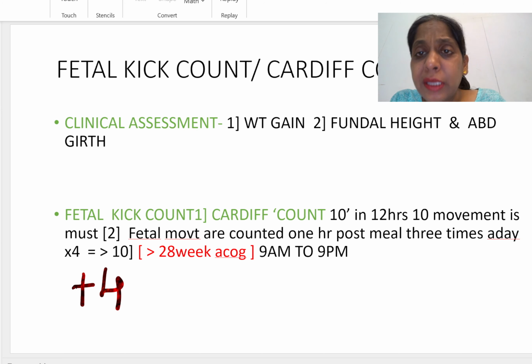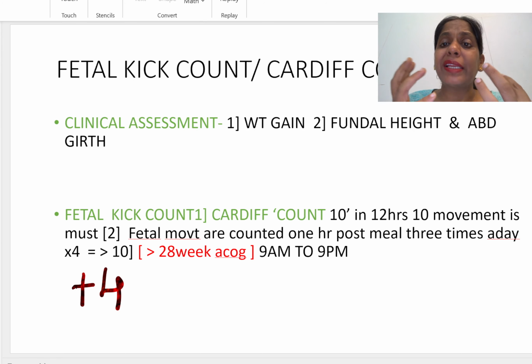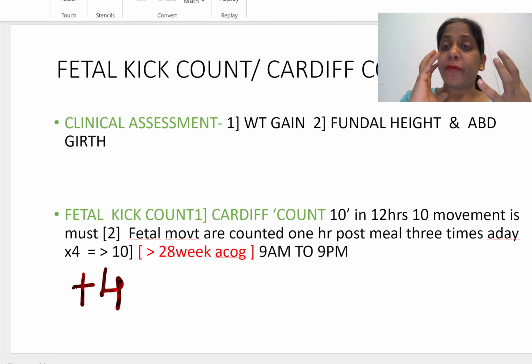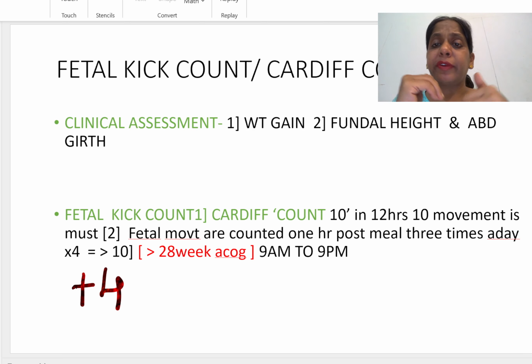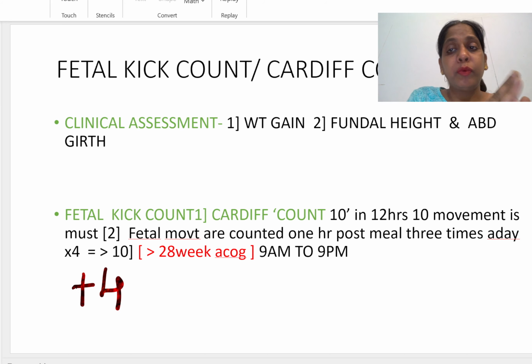Now for some females it was quite hectic to pay attention for 12 hours whether the fetus is kicking or not. So for them a modified version was told: after every meal you should be cautious for 1 hour. We take 3 meals in a day, so they have to be cautious only for 3 hours, and then add all those kicks.